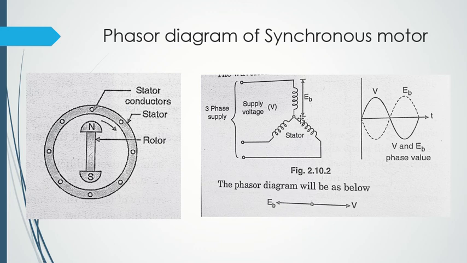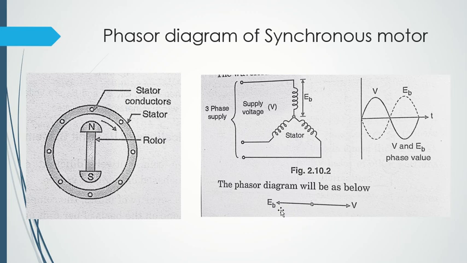EB will oppose my voltage, but there is one little detail you should notice, because it will be very useful in the future: this phasor diagram is for no load conditions only. For no load conditions only, voltage and EMF are 180 degrees apart from each other.